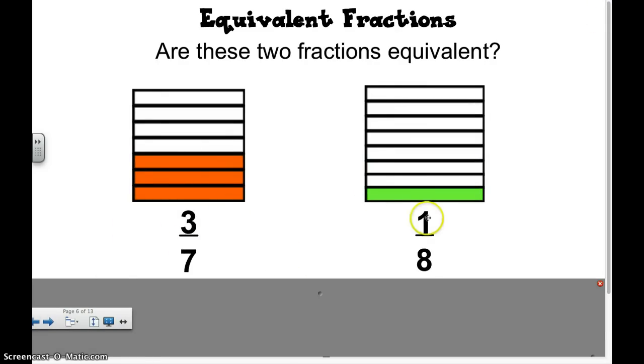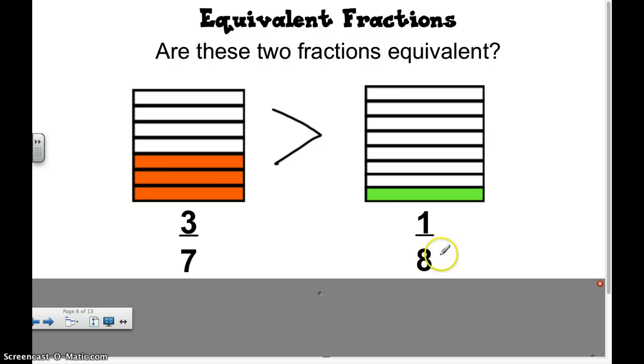Let's look at 3/7 and 1/8. If I'm looking at the picture, clearly 3 out of 7 pieces means I get to eat more than 1 out of 8 pieces. Remember that when you're dealing with fractions, the larger the denominator means the smaller the pieces you're getting. That's the key. The larger denominator does not mean that your fraction is larger.